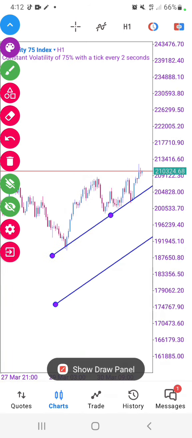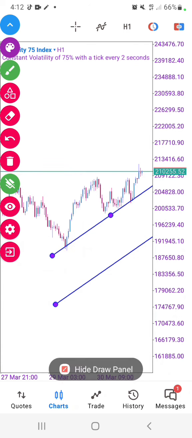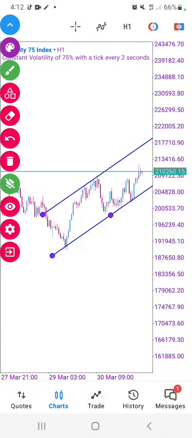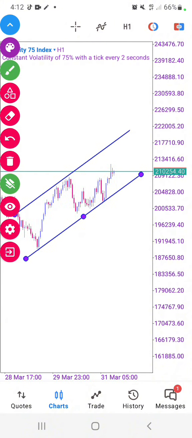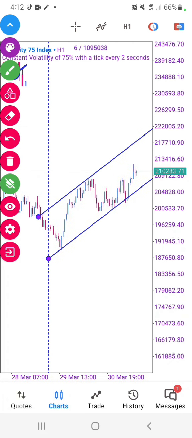Do you see, I'm connecting this first low, and this is the higher low, and this is the high. I'm going to connect these two points on the downside and the upper side, so that I can identify the trend.